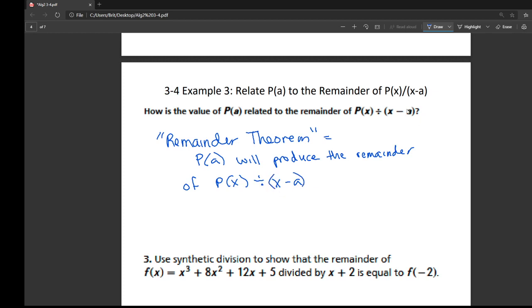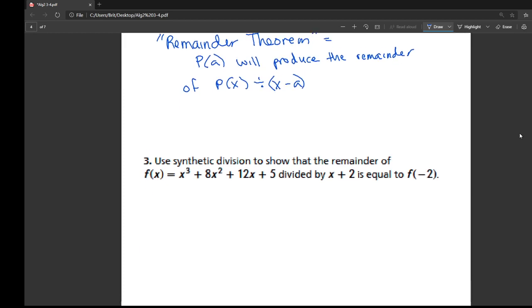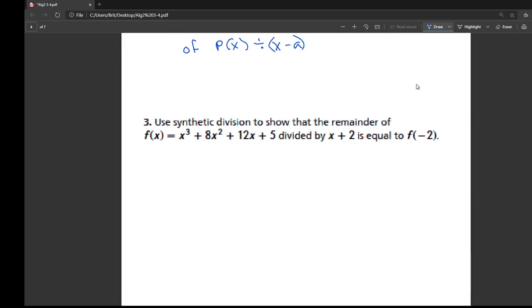What that's saying is, if I have an expression and I divide it out, I can anticipate the remainder by setting this expression equal to 0 and plugging that number into the function. That makes no sense when I go to describe it this way, so let's do the example, and that'll really help you to see it.